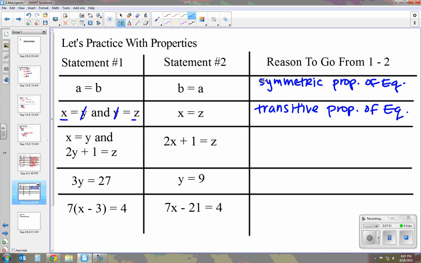All right, next up, we have x equals y. And then I tell you 2y plus 1 equals z. And then we get to 2x plus 1 equals z. If we notice what's changed is that the y has been replaced with x, or substituted. And that's our substitution property of equality.